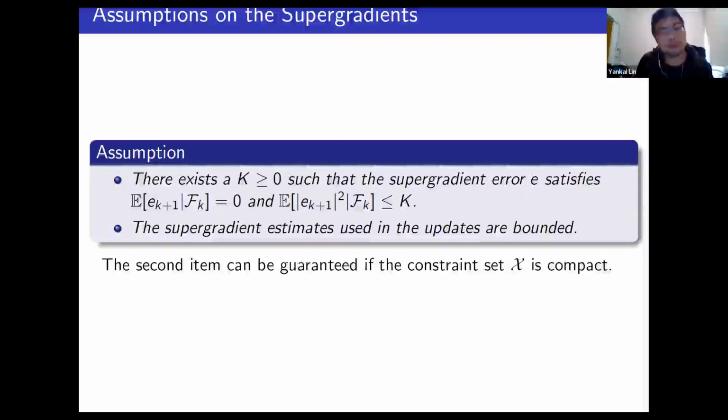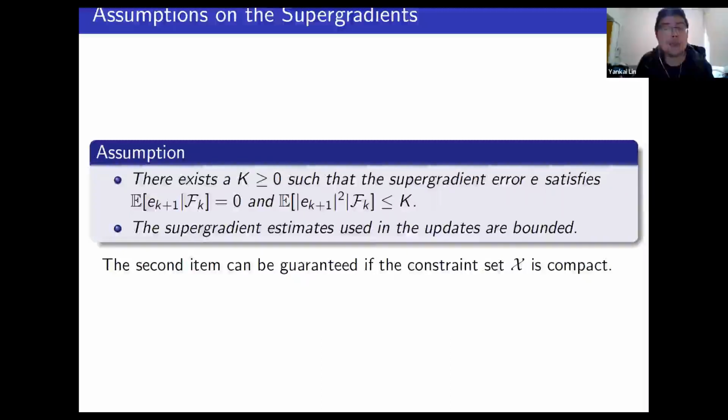The reason why we need the second assumption is that when we prove the convergence of the algorithm, we use tools from stochastic approximations, in particular ODE methods in stochastic approximation. If you are familiar with tools from stochastic approximation, one of the key assumptions in those methods is that the iterations are bounded a priori so that they will not blow up. Then you can get convergence properties.